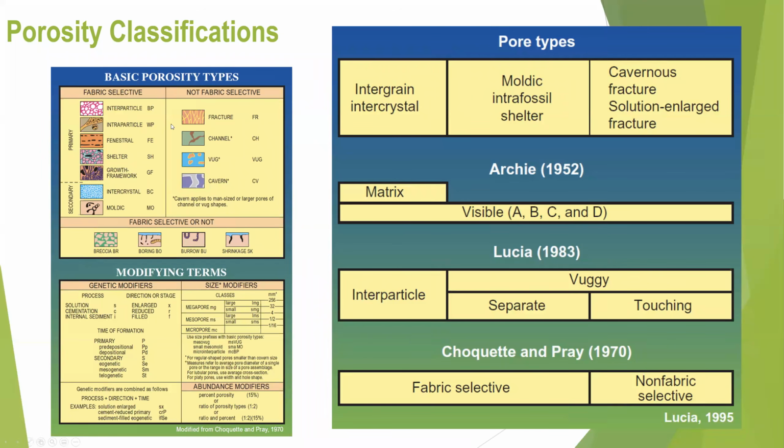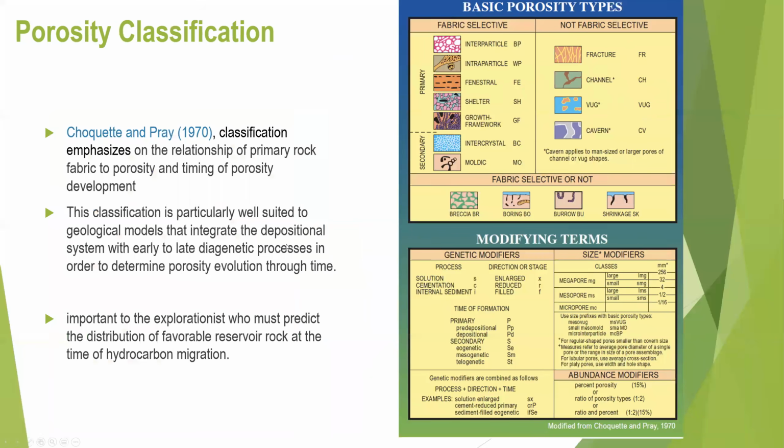One of them is based on Choquette and Pray, and one of them is based on Archie here. We don't actually use the Archie classification. Mostly for petrophysical work, we can use the Lucia work. So let's go into the detail of this porosity classification.